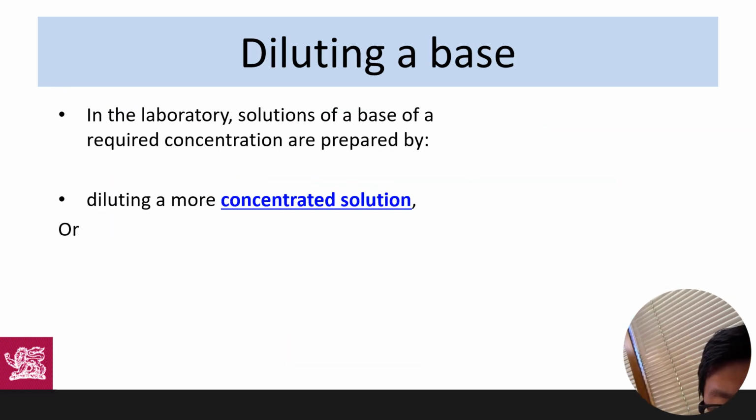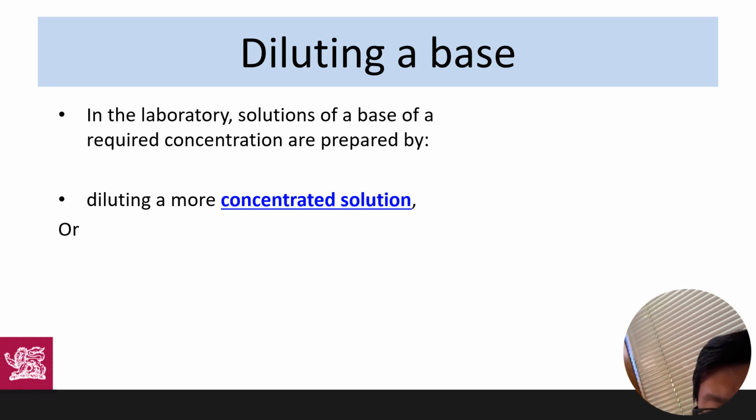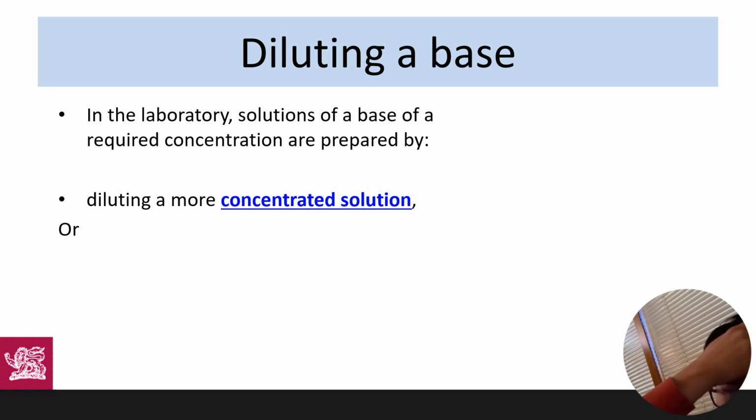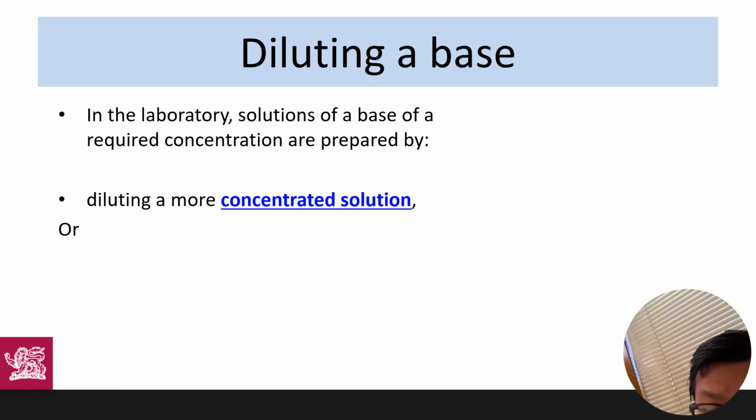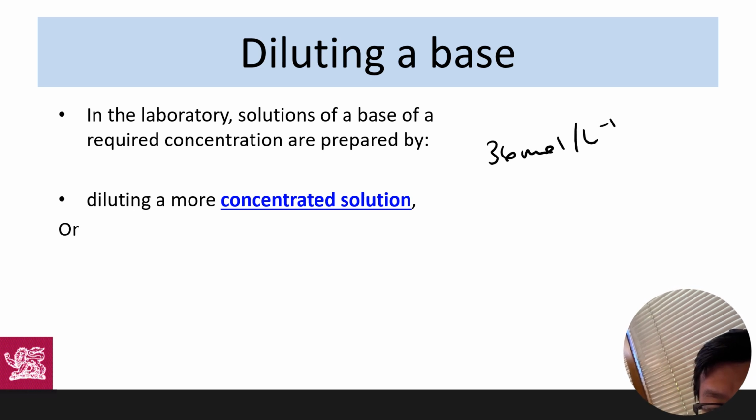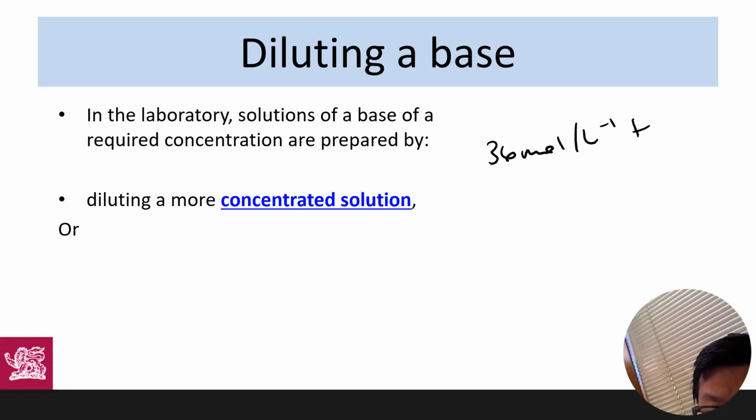Okay. We can also make dilute bases as well. The reason why we do this is because when we buy acid from a company, we will get acids of HCl at like 36 moles per liter. Really, really concentrated stuff.